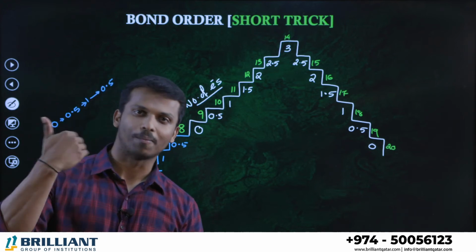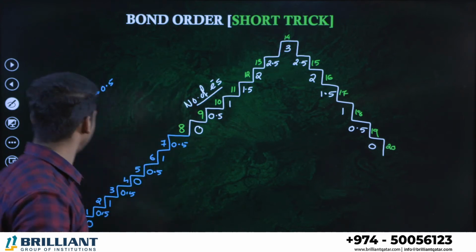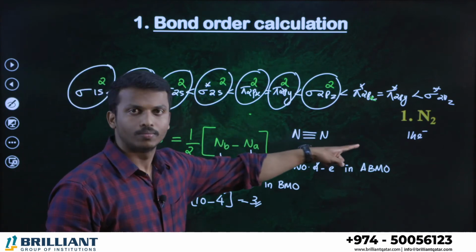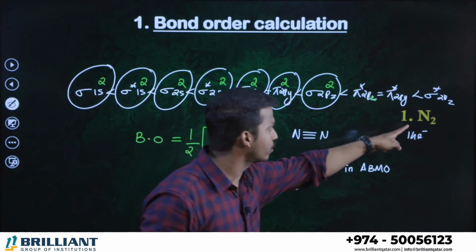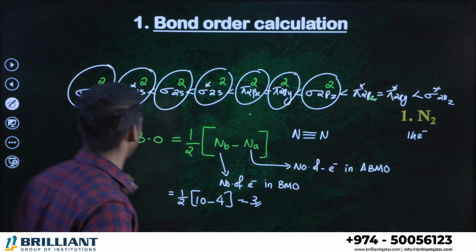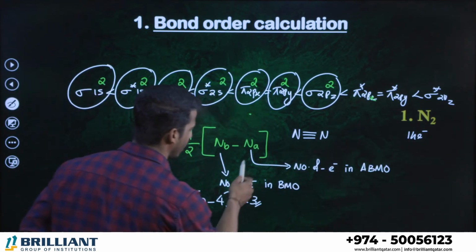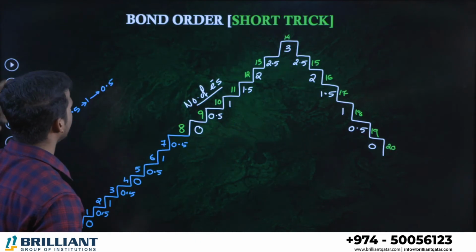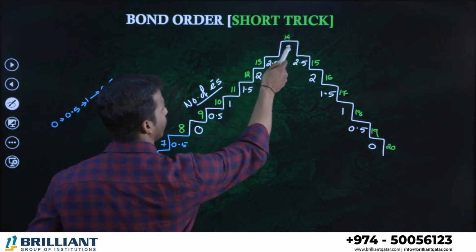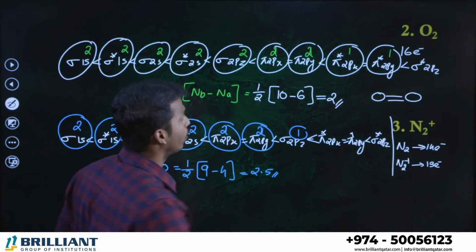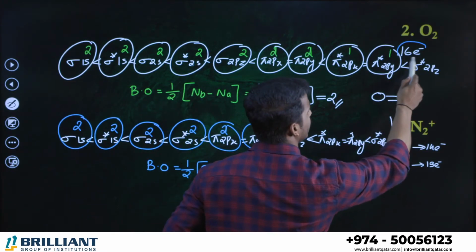Let's see the previous questions that we did through the equation. Dear all, we did N2. N2 molecule, how many electrons? 14 electron system. What is the bond order we calculated for the 14 electron system? 3. Let's check it. Yes, right? 14 electron system, bond order is 3. Then, what is the bond order of the O2 molecule? What is the number of electrons in O2? 16 electrons.